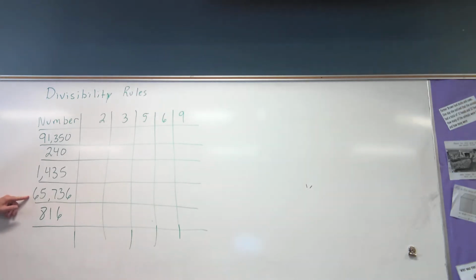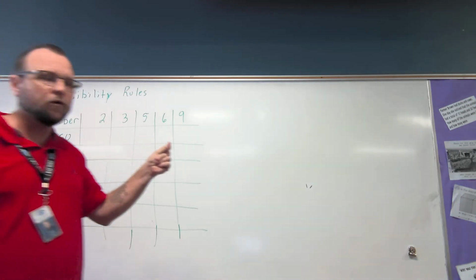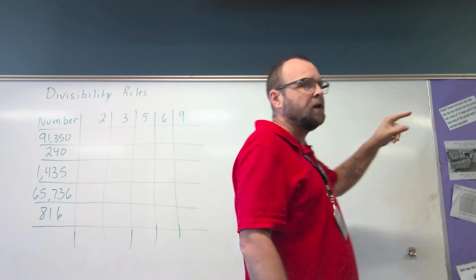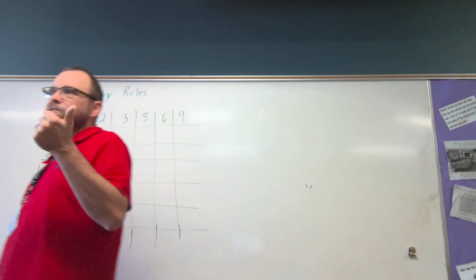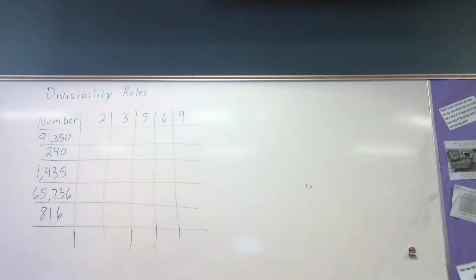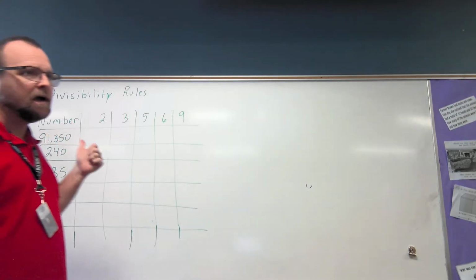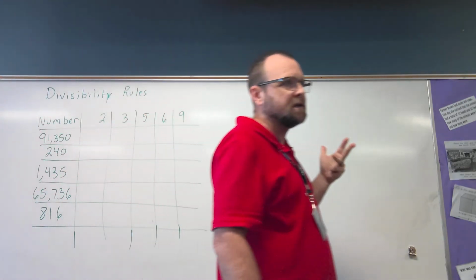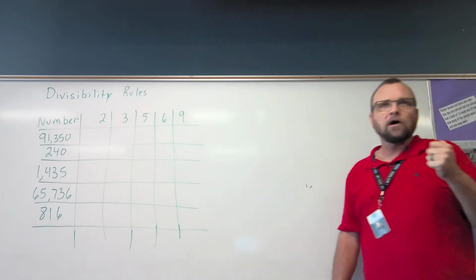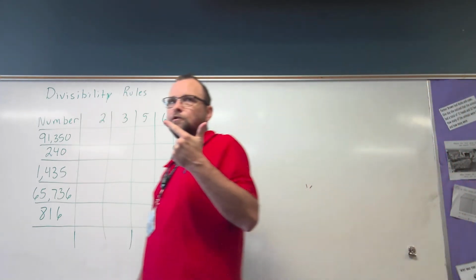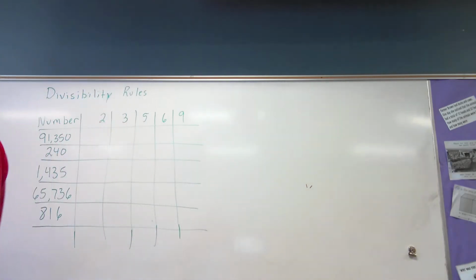What I want to do is be able to look at it and determine that quickly. A number is even if the ones place has a 0, a 2, a 4, a 6, or an 8.